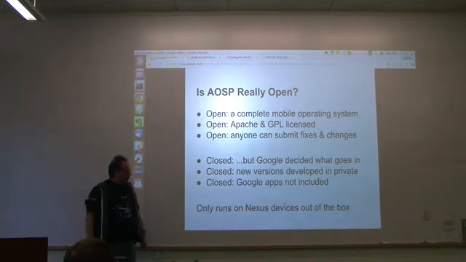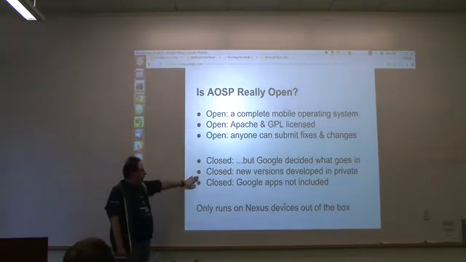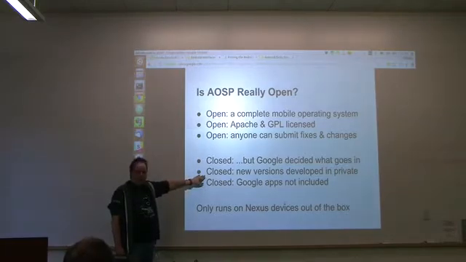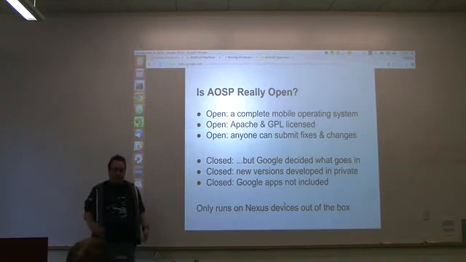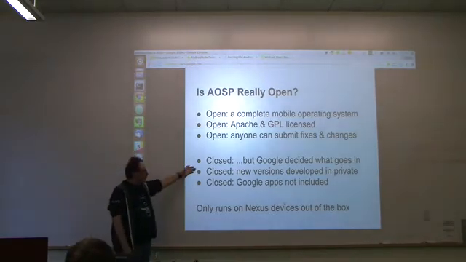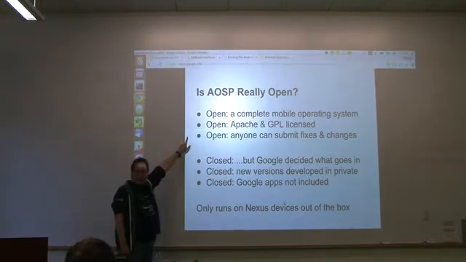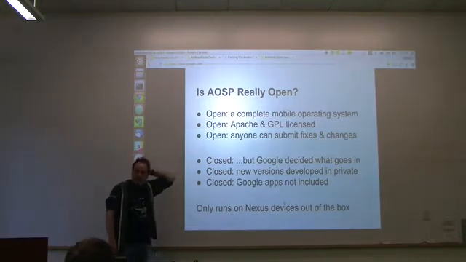They have control about where this platform is going. The work on new versions of Android is done in private. Now, as soon as those are announced and go to market, Google so far has been very good about almost immediately turning around and pushing that source out to AOSP so that anybody can look at it.